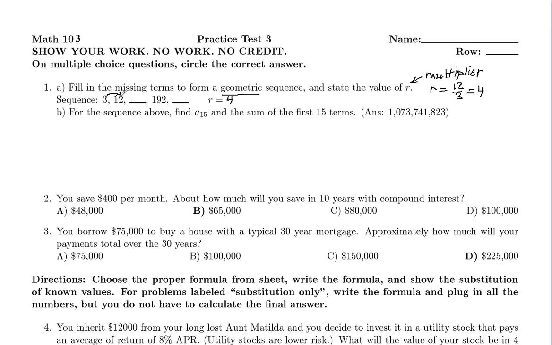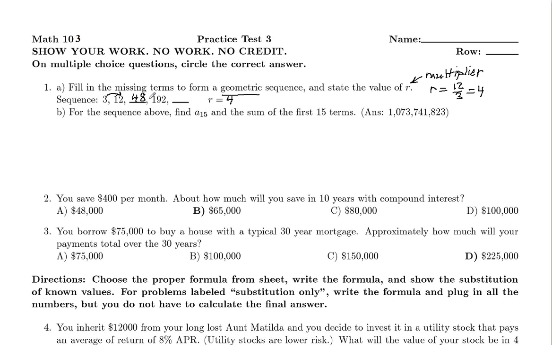So then we continue multiplying by 4. 4 times 12 is 48. You can double check with your calculators: 48 times 4 should be 192. Yes.